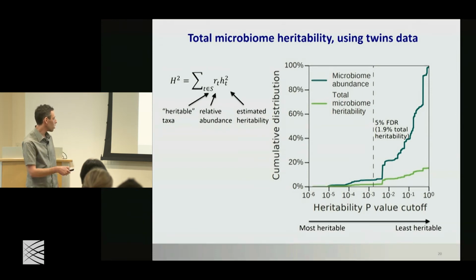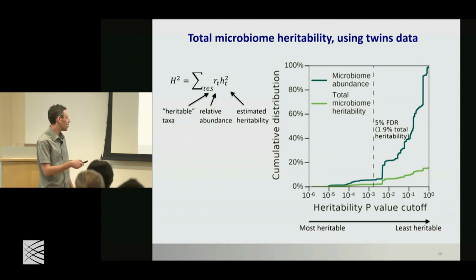And what you can see here is, on the x-axis we have the heritability p-value cutoff, which means that at every point we consider only the taxa with heritability p-value smaller than this cutoff. And on the y-axis we can see the cumulative distribution of two curves. The dark curve is the microbiome abundance. By definition, when we use all the taxa, we account for 100% of the abundance.